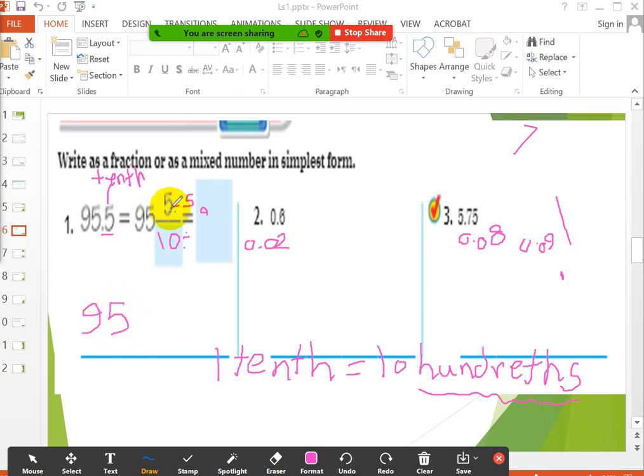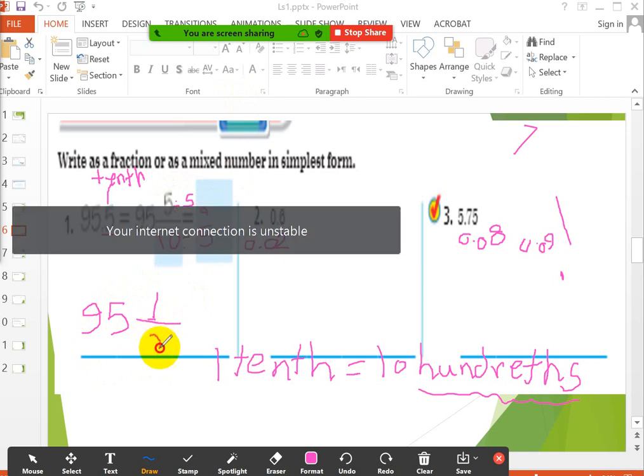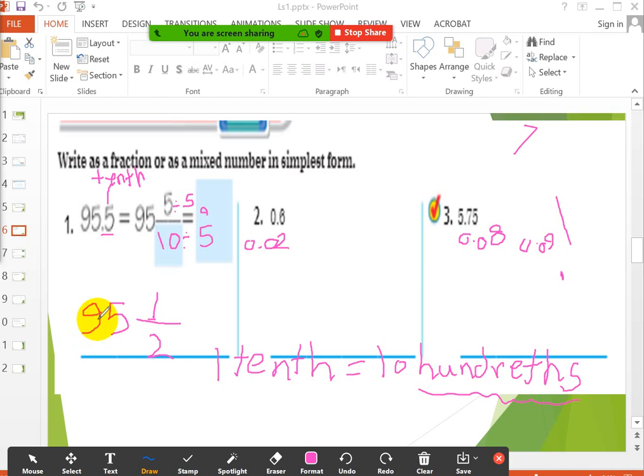What about the numerator right here? 5 divided by 5 equals what? 1. 10 divided by 5 equals what? 2. So the answer will be 95 and 1 over 2. This is the simplest form for this mixed number.